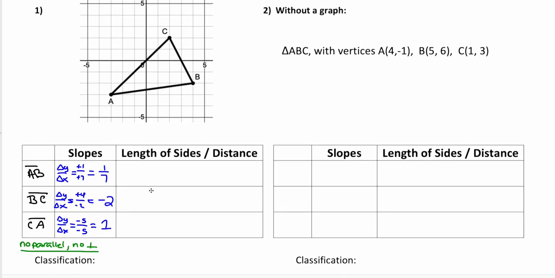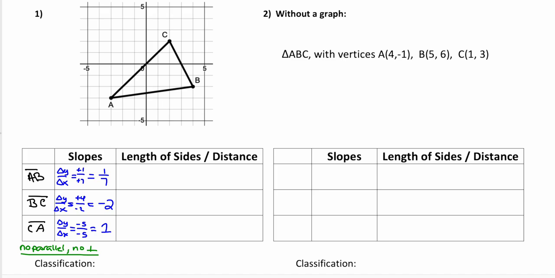Now we're going to find the length of the sides, or the distance. So I'm going to use Pythagorean theorem. From A to B, my a value is going to be my horizontal distance. So I'm going to count 1, 2, 3, 4, 5, 6, 7. I'll have 7 squared plus, then I counted 1 squared equals c squared. Draw my arrow. 7 squared is 49. 1 squared is 1, so 49 plus 1 is 50.